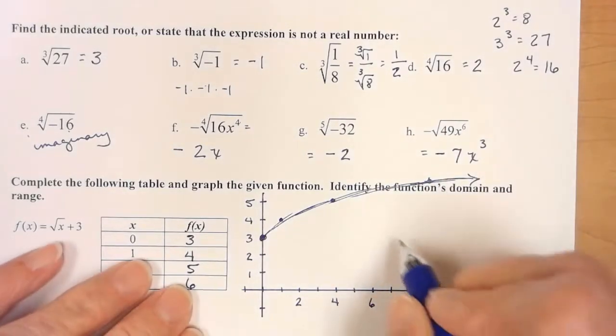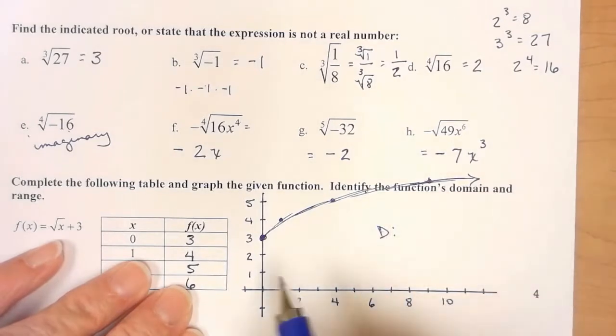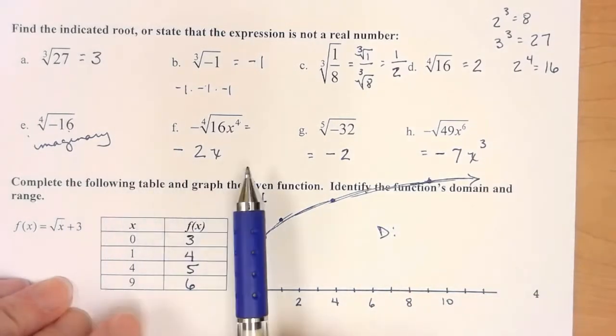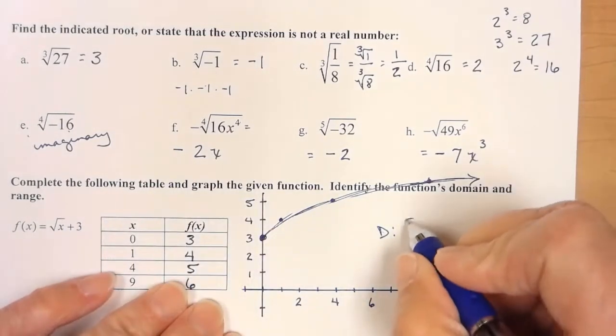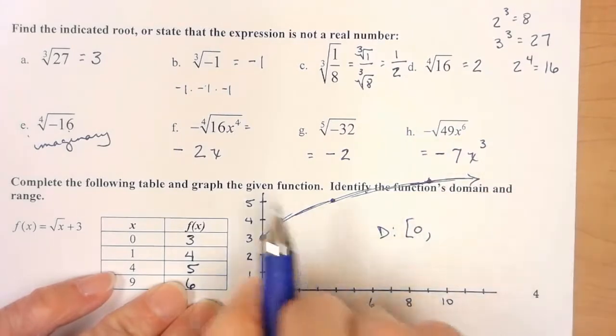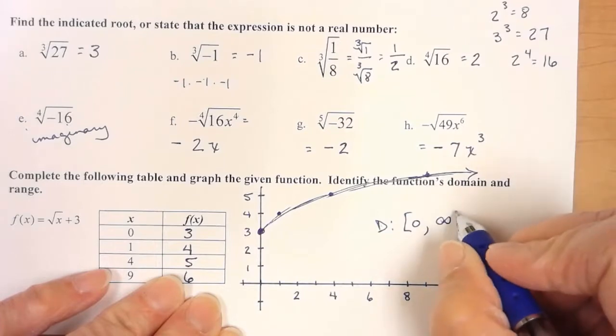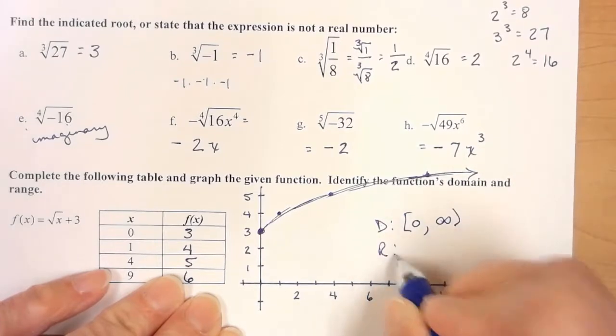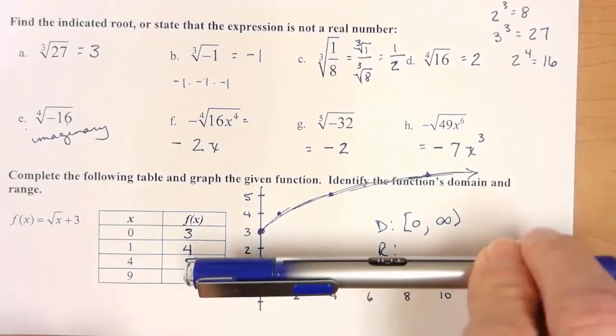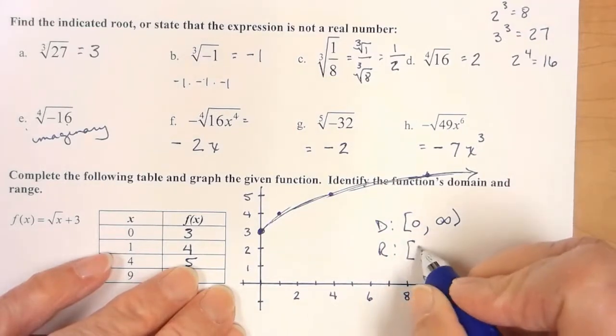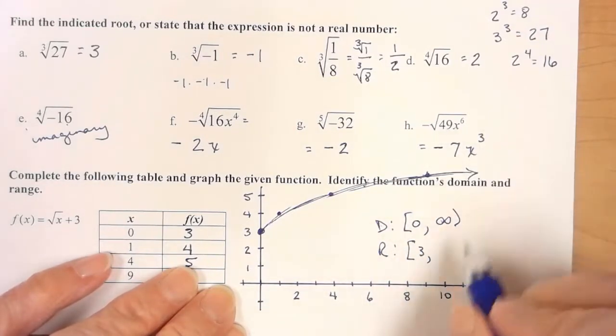My domain, as I come in, I hit an X value of 0 and it is used, and I exit out hitting an arrow, so that would be infinity. My range, as I come up, I hit a Y value of 3, and it also goes to infinity.